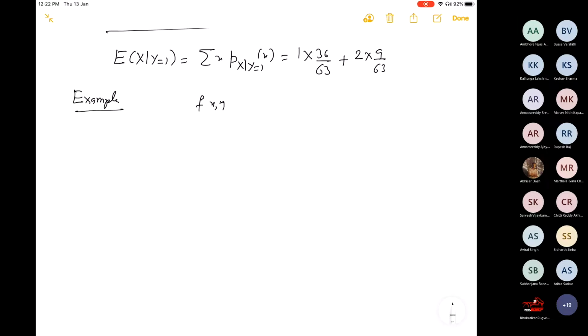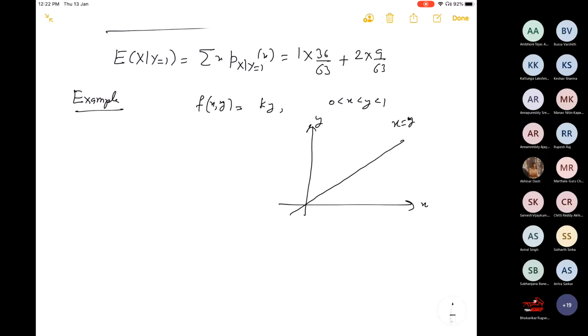So f(x, y) is k y, with x between 0 and 1. Now this is x, this is y. x equal to y is this line. So x is between 0 and 1, y is between 0 and 1. Now y is greater than x, so this is the region we are interested in.